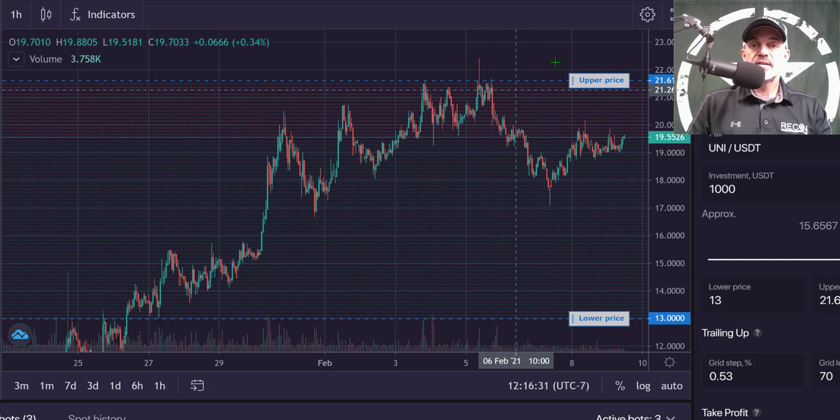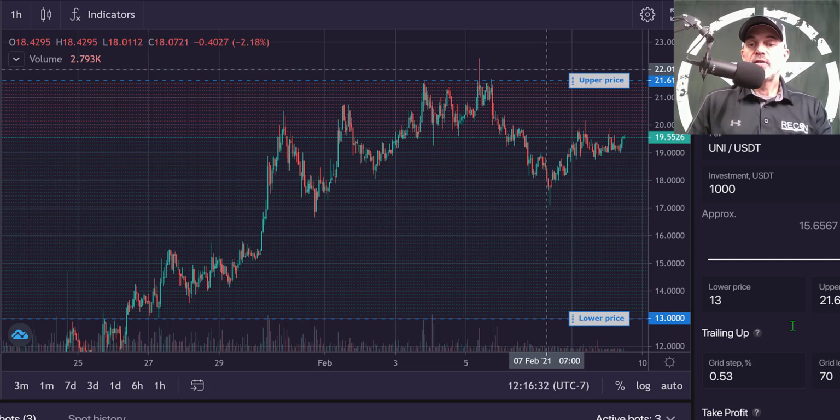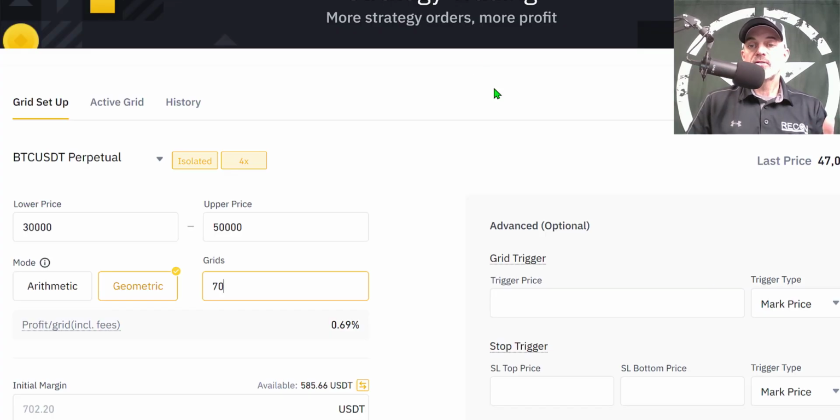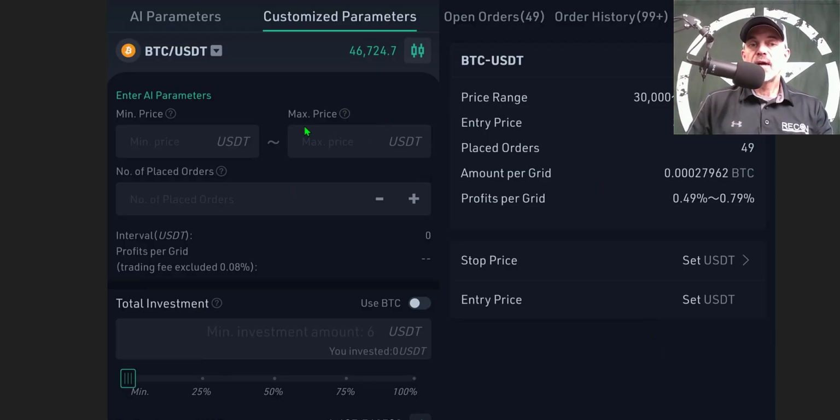Now, I'm not concerned with Bitscap. If the price exceeds this level, they have a feature called trailing up, which would allow the grid to follow the price action up and rebuild the grid around that price action. Now, neither Binance or KuCoin offer that ability.